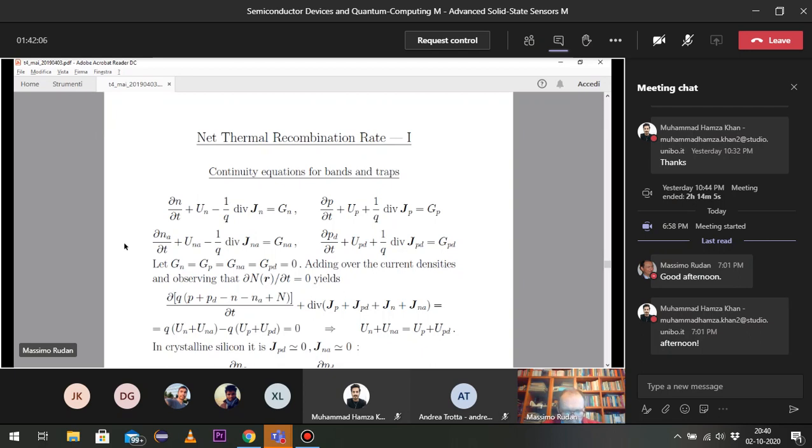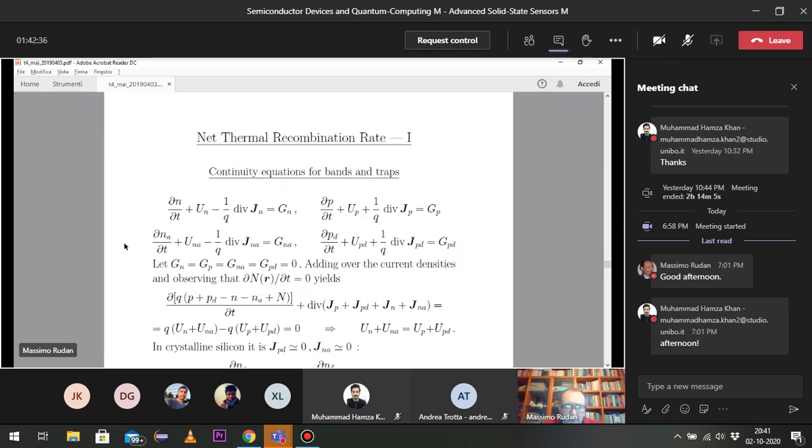Instead, still on the second line, but on the right, you see the continuity equation for the holes of the donor traps. So PD is the concentration of those holes, JPD the current, GPD the non-thermal generation, and UPD the thermal recombination, okay?